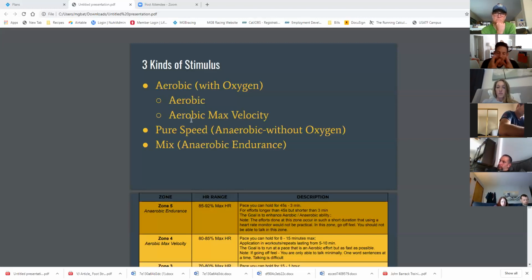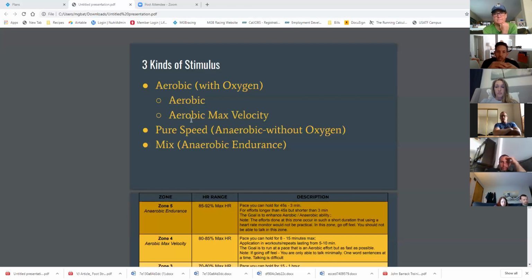When it's below 5K, it's really important that these muscles are finely tuned. But what we're trying to do is convert these muscles more into the aerobic max velocity, if anything, and that's how we drive performance in the mixed stimulus.